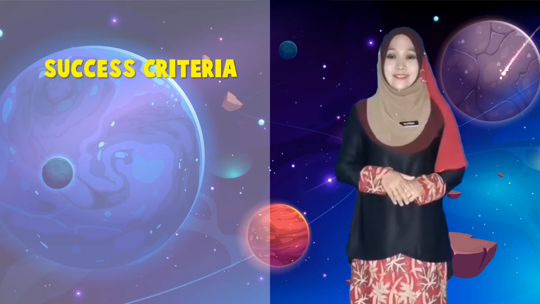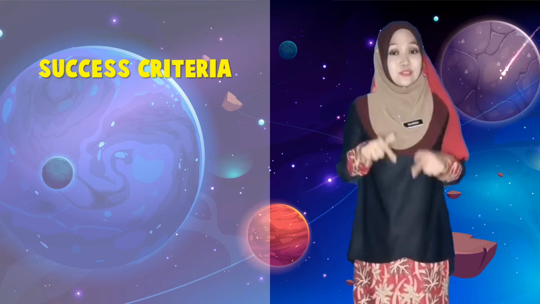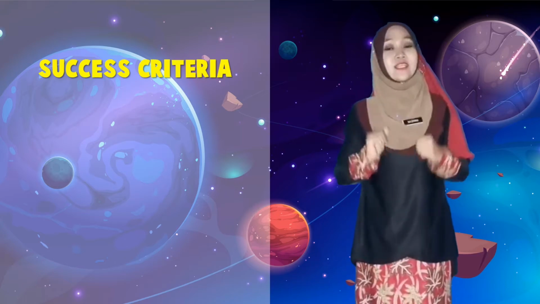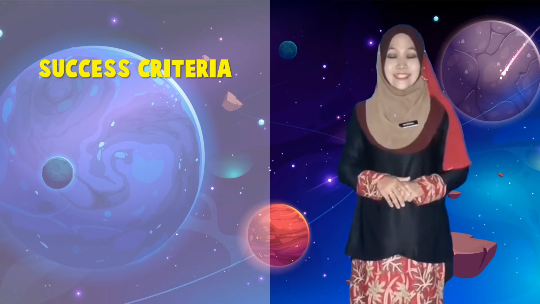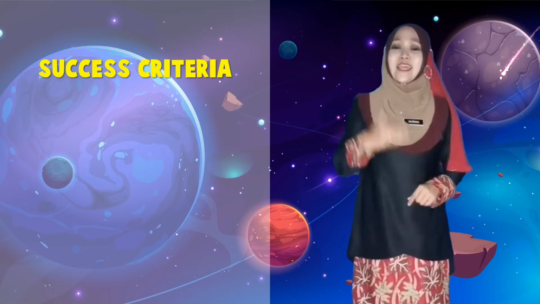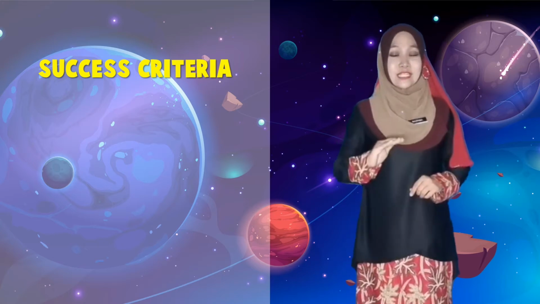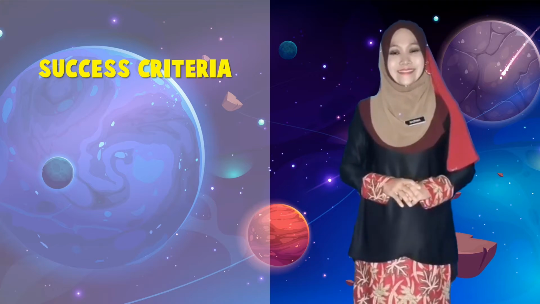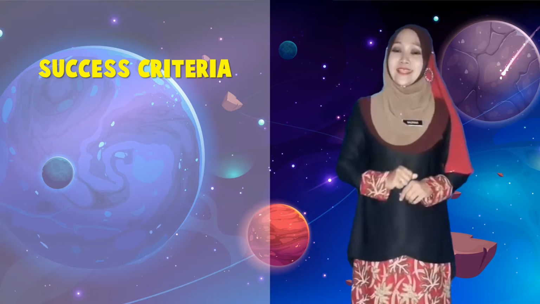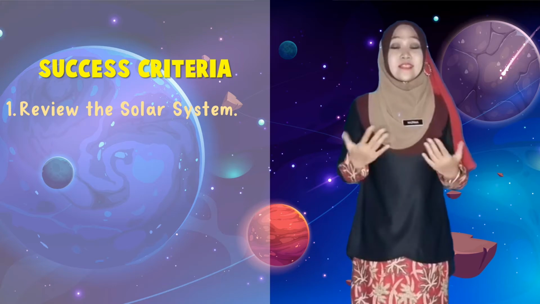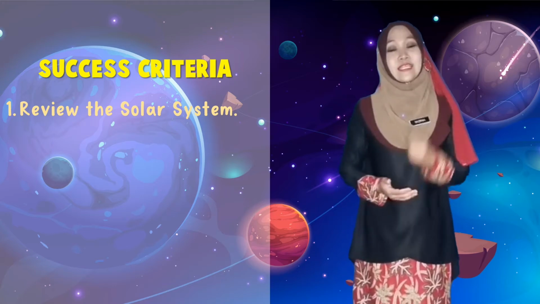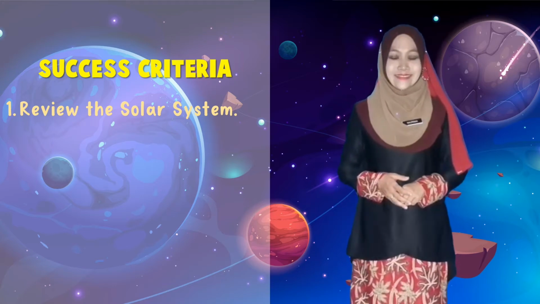How about the success criteria for today's lesson? What you can do in today's lesson to achieve the learning objectives for today's lesson. Let us look at the success criteria for today's lesson. Number 1, you can review the solar system you have learned in the previous lesson.